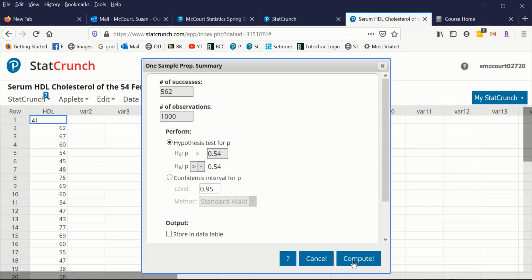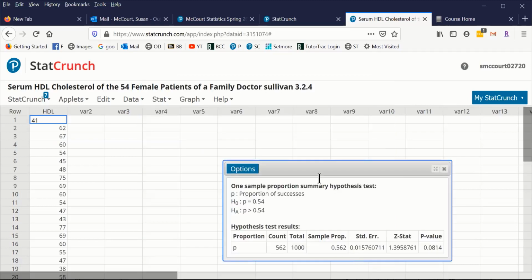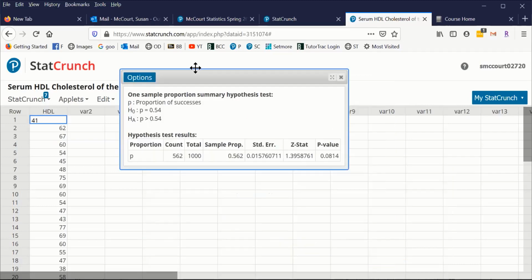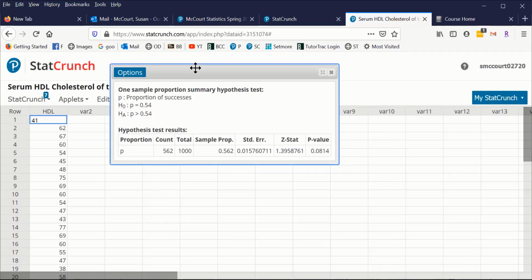So now I'll compute. I get a test statistic, a z-stat, 1.40 when I round it, and my p-value is 0.08.